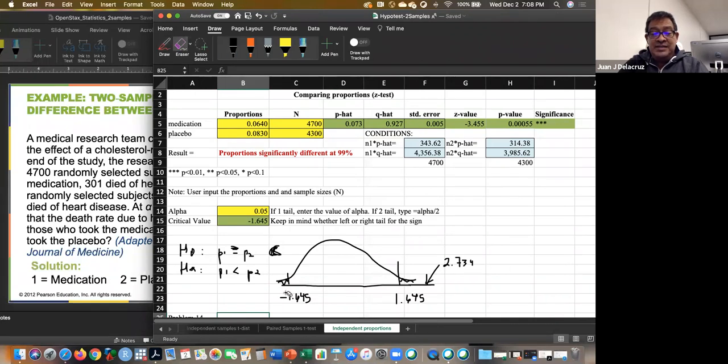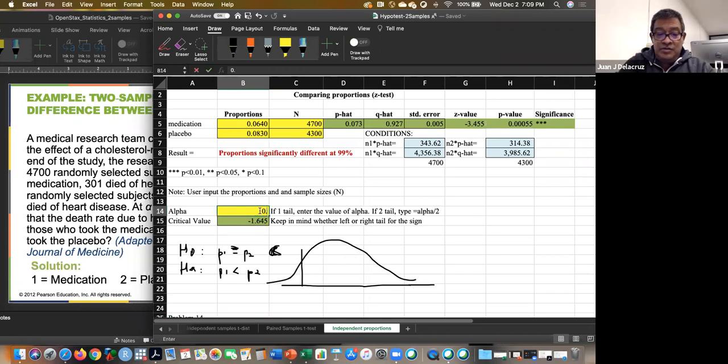Let me erase this, because I haven't modified the critical value. Here is a left tail test. Whatever I'm doing is a left tail test. It's a 1% level of significance, so I need to modify this.